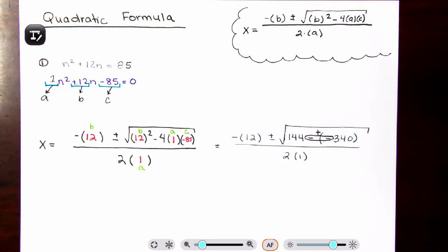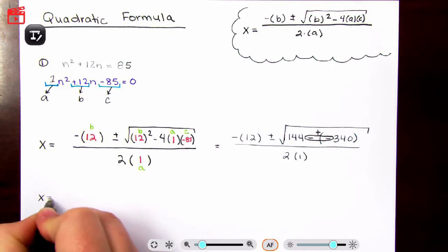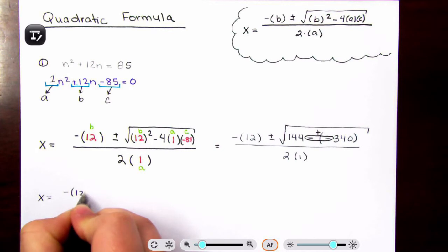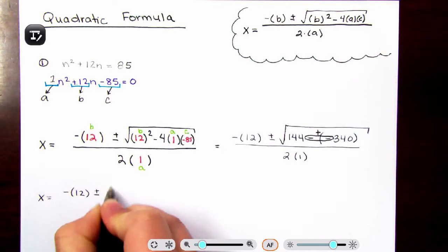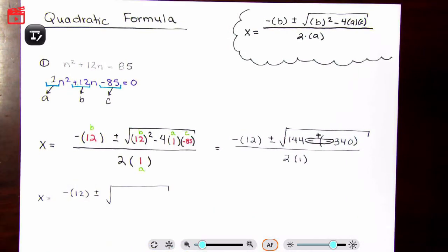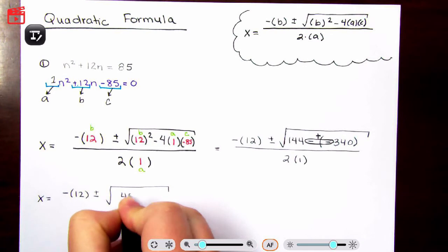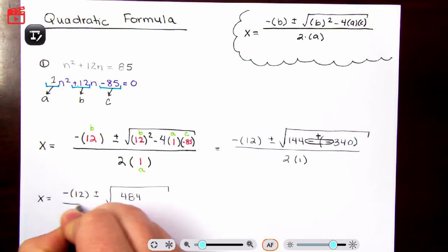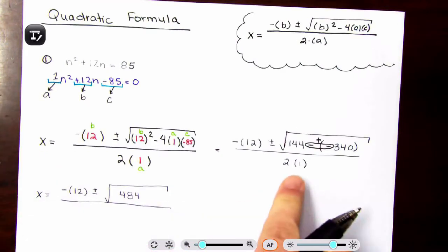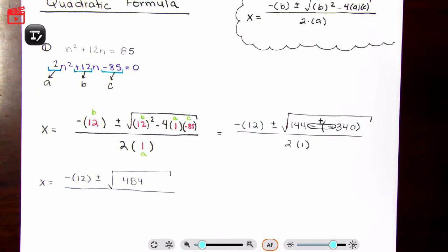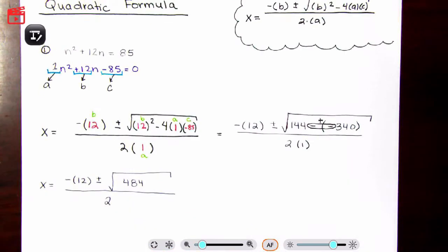So now on the next step, I have x is equal to negative 12 plus or minus the square root. Notice how my square root is getting smaller and smaller. 144 plus 340 gives me 484, divided by, and I'm going to simplify the denominator here, 2 times 1, which is just 2.